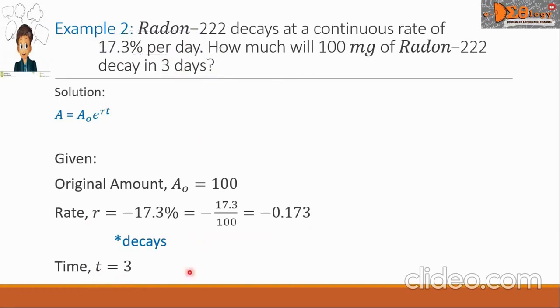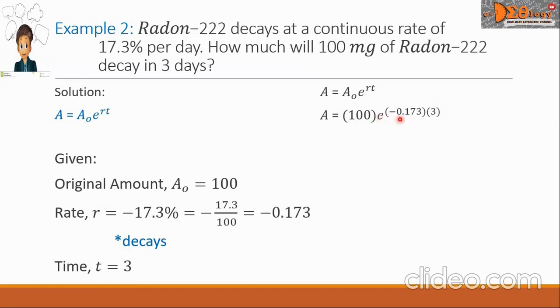We can now proceed with our computation. Listing again our formula, and let us do the substitution. Our A sub O is now changed into 100. The E is a constant. Our R is now negative 0.173 multiplied by T, and our T is 3.